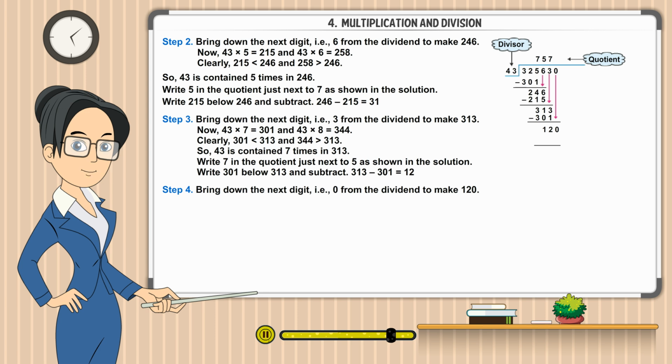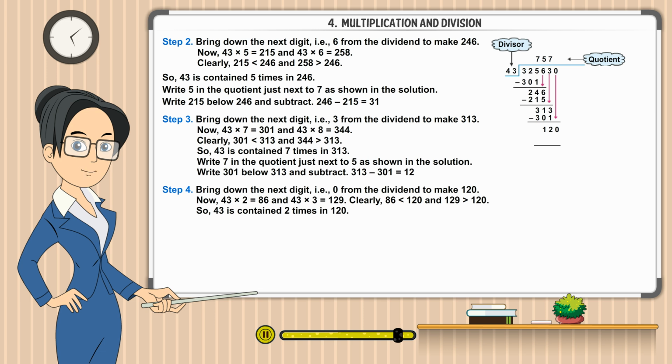Step 4. Bring down the next digit, that is 0, from the dividend to make 120. Now 43 × 2 = 86 and 43 × 3 = 129. Clearly, 86 is less than 120 and 129 is greater than 120.